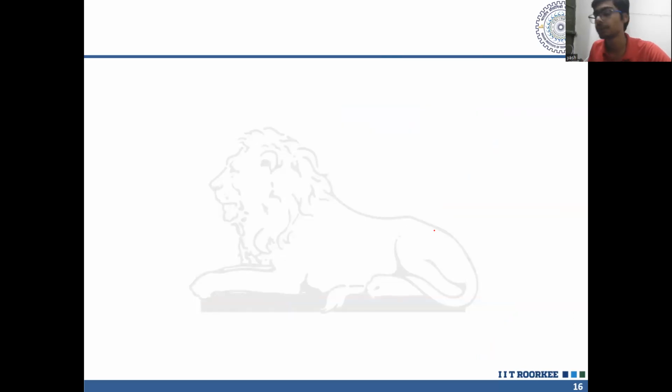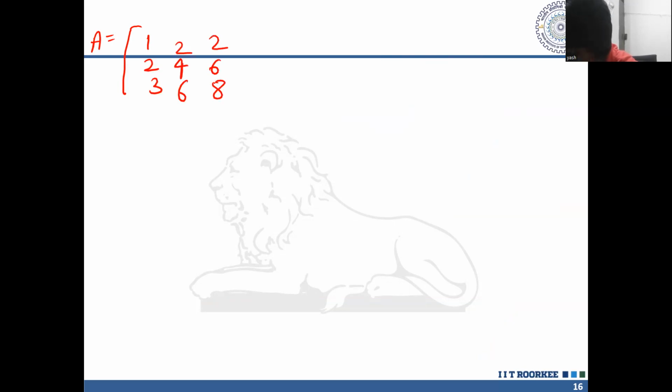Now let us take an example for seeing how we can find the null space. So let us take a matrix A equal to 1, 2, 6, 2, 6, 8, and 2, 8, 10.